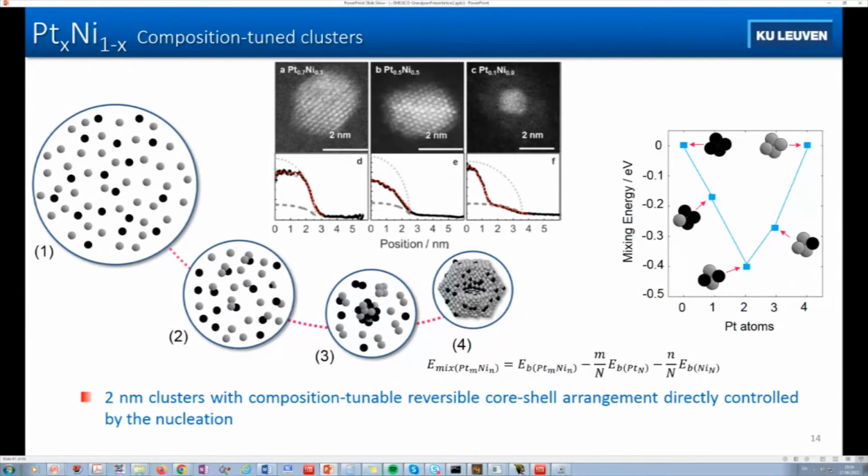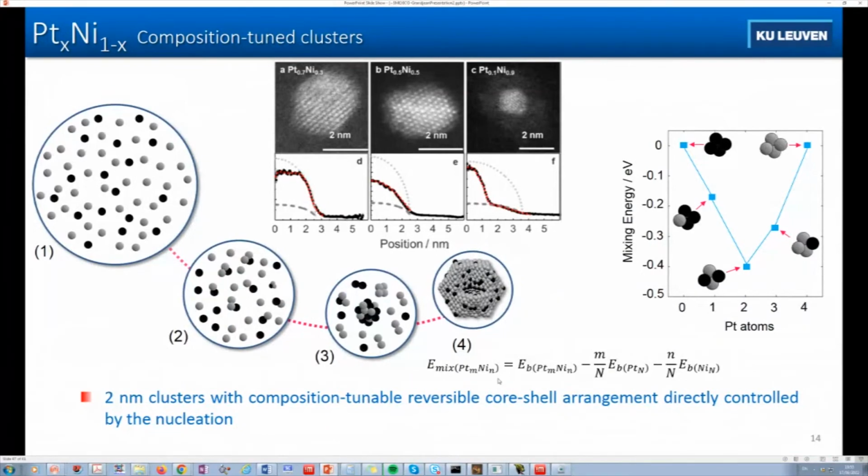So I think it's pretty convincing when you see the relation. So the same idea as the silver gold, you have Pt and nickel, and you see the mixed cluster has a lower energy than the pure one. So you have the same mechanism when you concentrate the minority element in the core.